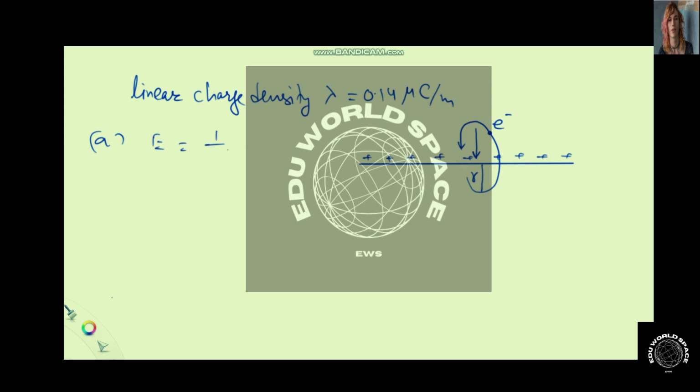That will be given by the expression 1 by 4 pi epsilon naught multiplied by 2 lambda by r. Or we can say, using k for 1 upon 4 pi epsilon naught, this is 2k lambda by r, and as the charged conductor is positive, this electric field will be going away from the conductor.